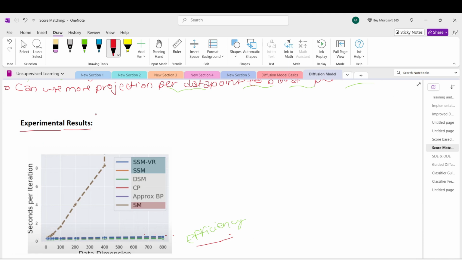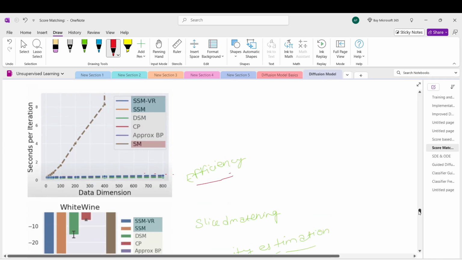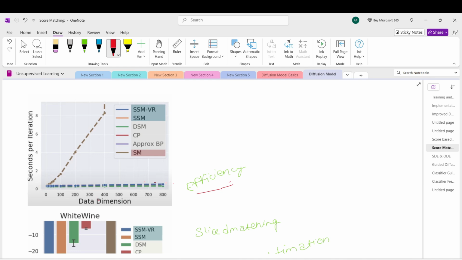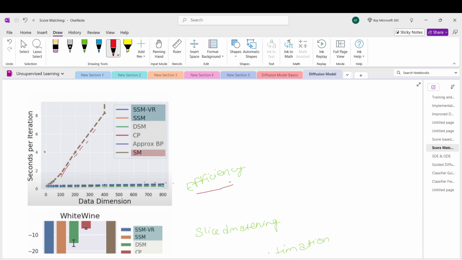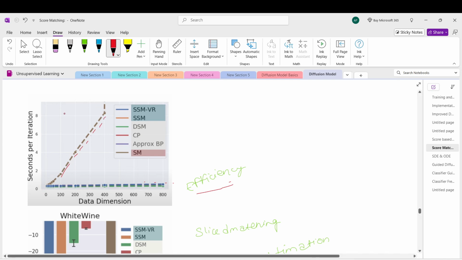So let's move into the experimental section. In the first graph, as the dimension increases, the second-order iterations increase rapidly, our memory will run out, and we need more computational resources.